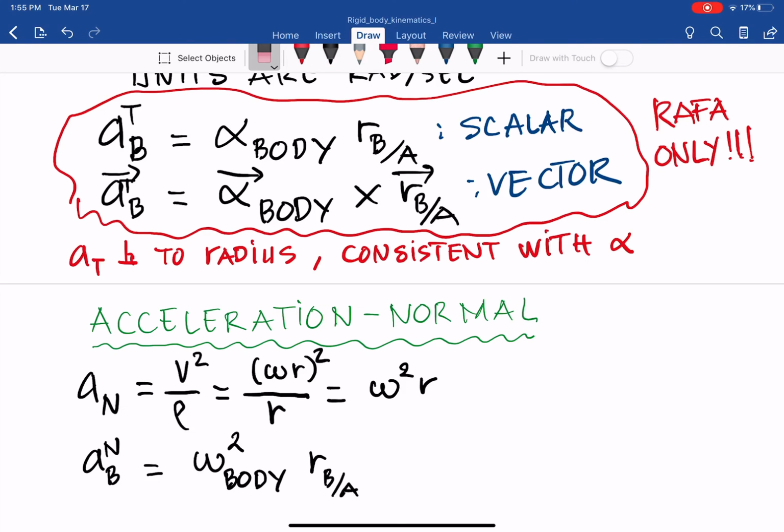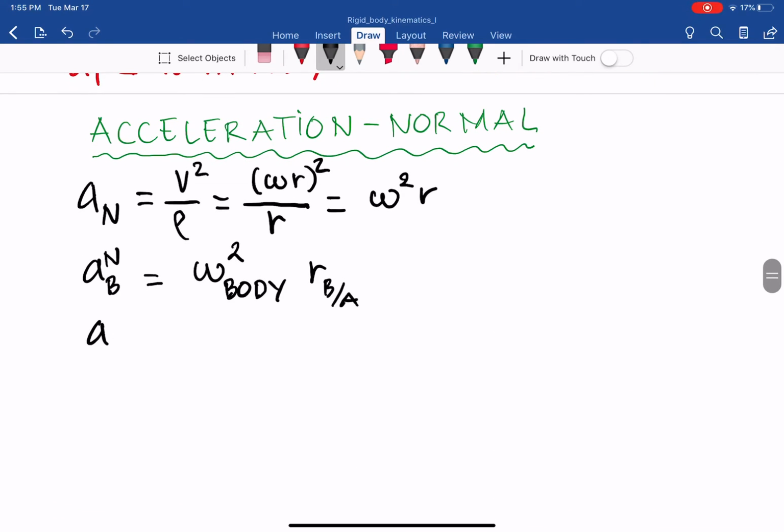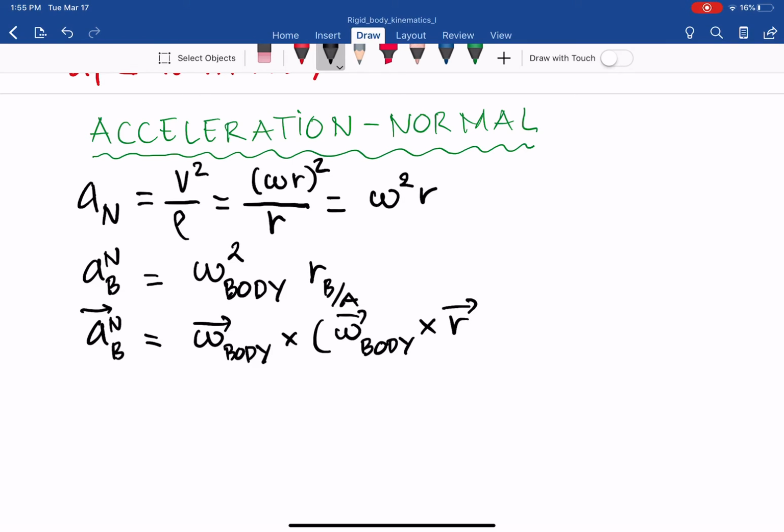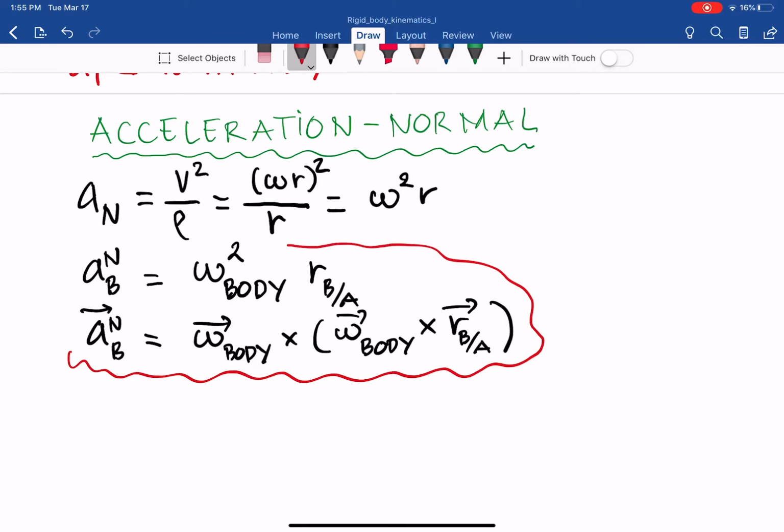And when we have the vector form, A_BN vector will be equal to omega body cross, any point on that body has the same, cross with omega cross the position vector from A. And again, these two equations apply for rigid body only. Rigid body only. Keep that in mind.